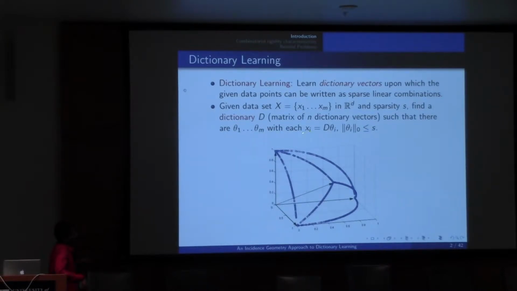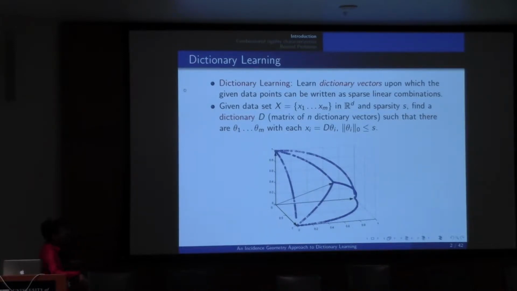The property is that each of the data points can be expressed as a linear combination of the dictionary vectors. D is the dictionary, the set of dictionary vectors. These are the coefficients, with the property that the number of non-zero coefficients is small. So that sparsity is also initially specified. In this case, the sparsity would be 2, D would be 3, and N would be 4.